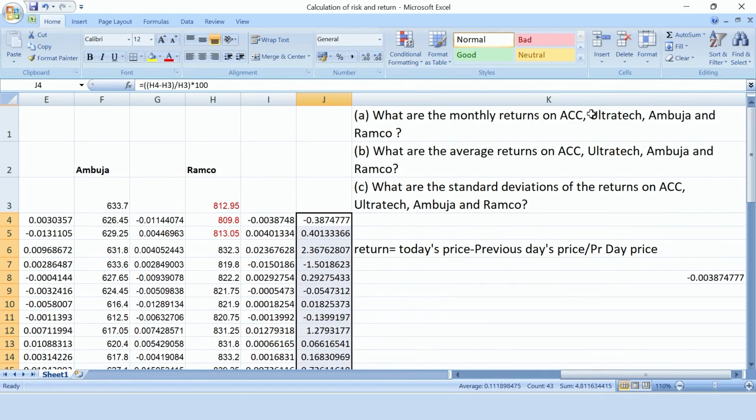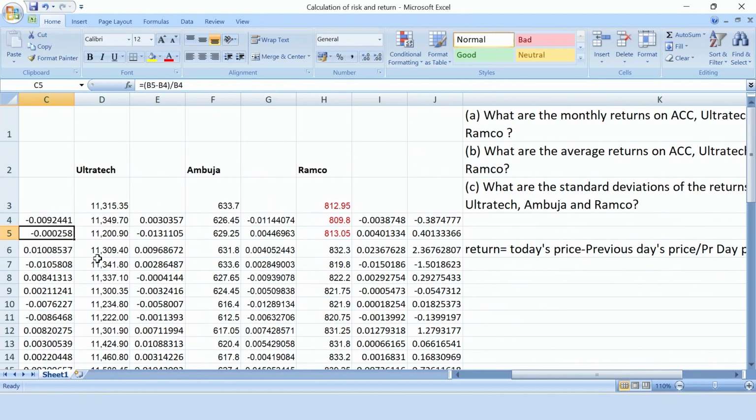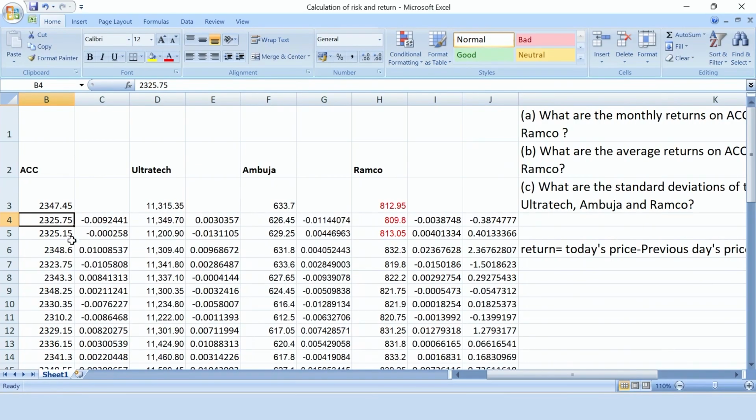Now we have to calculate the returns of ACC Cement, Ultratech, Ambuja and Ramco. We have already calculated this: we have Ramco, Ambuja, Ultratech, and I have calculated ACC Cement also, so I have all the 4 cases available.